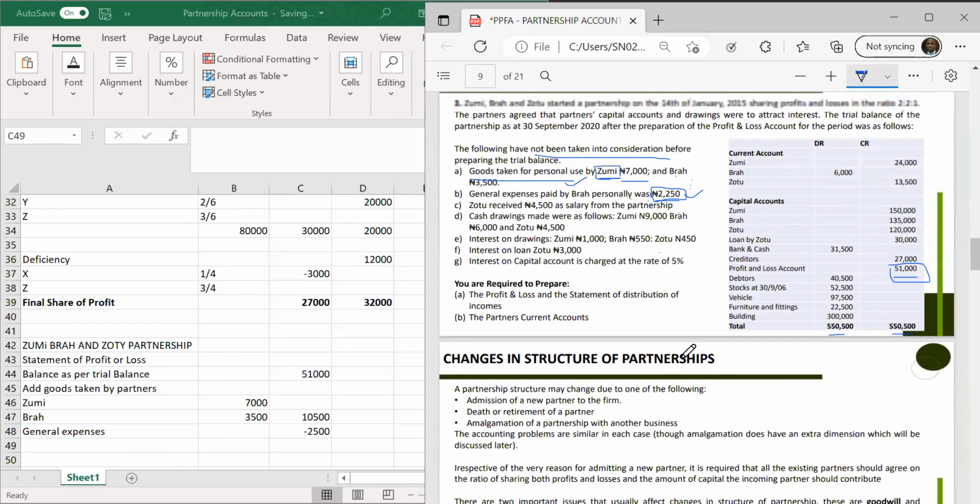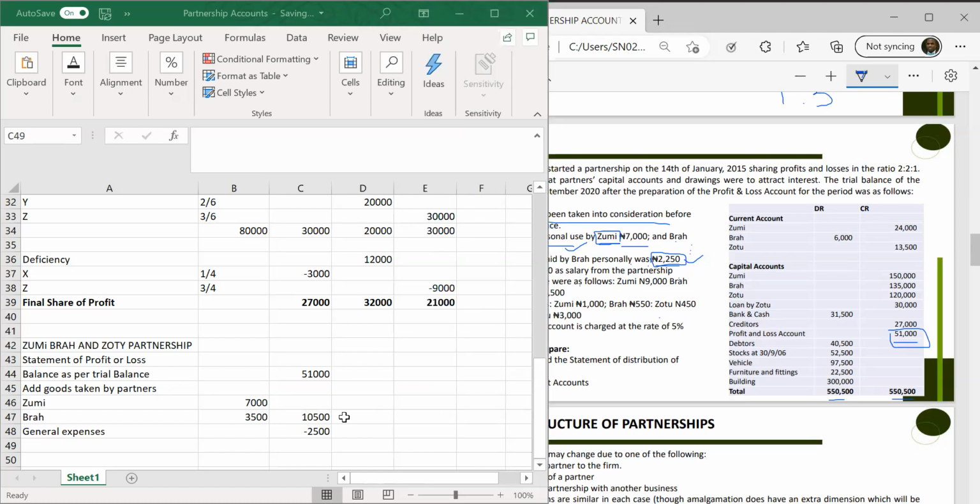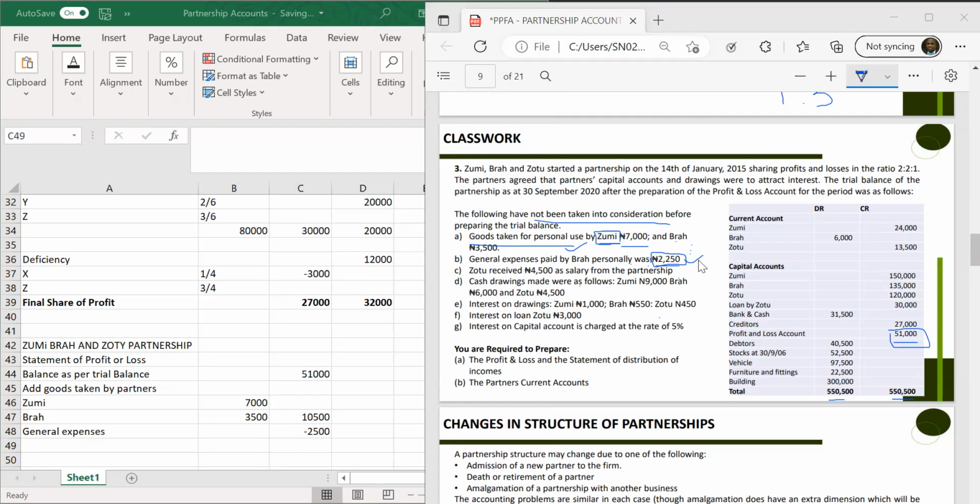It's the same approach that you use for your normal income statement. It's just that we are making adjustments here. If we start saying let's post everything ledger by ledger again, it will take us a long time because we're in ATS2 now. You already have an idea of all these things. So let's continue reading.